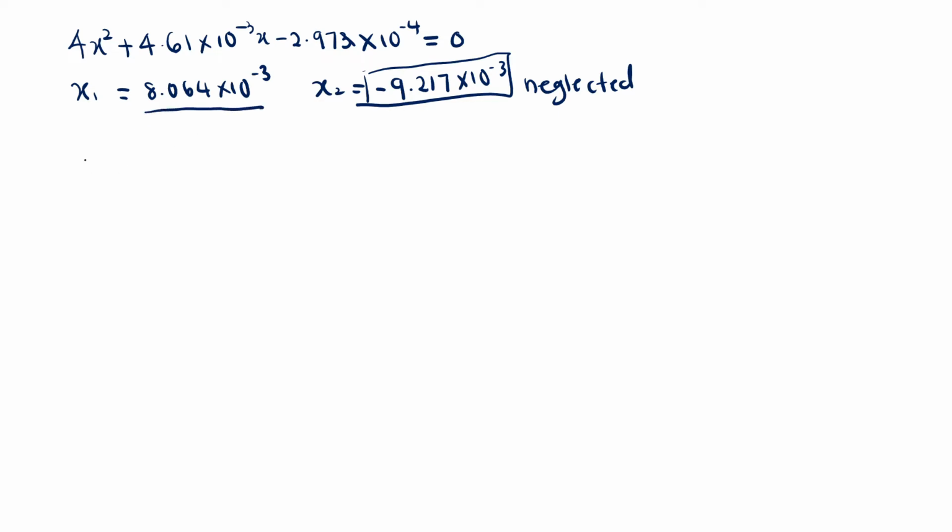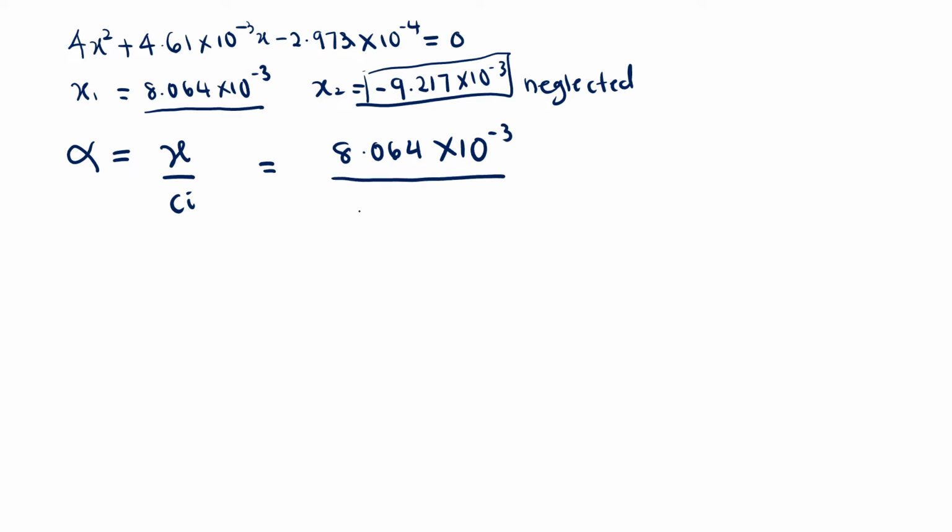So degree of dissociation is equal to x over c initial. Jadi x berapa tadi? 8.064 exponential negative 3. So initial molarity is 0.0645. Kita dapat berapa? 0.125, ataupun the answer given is 0.12.